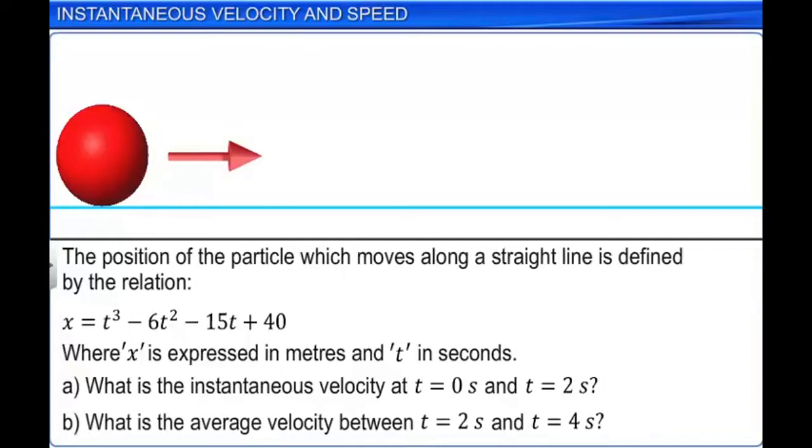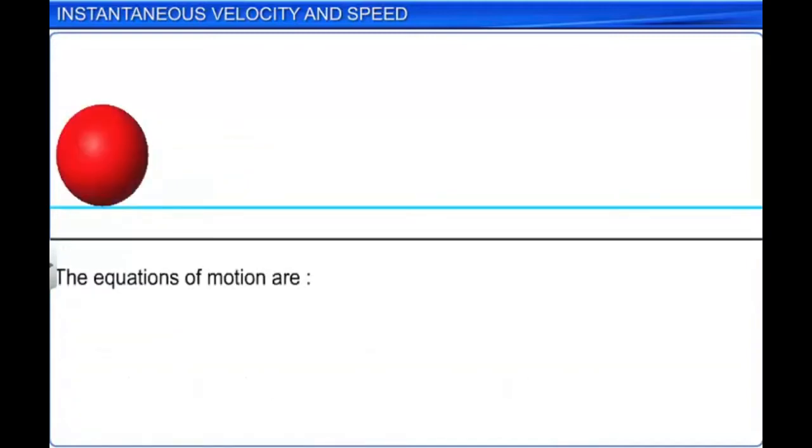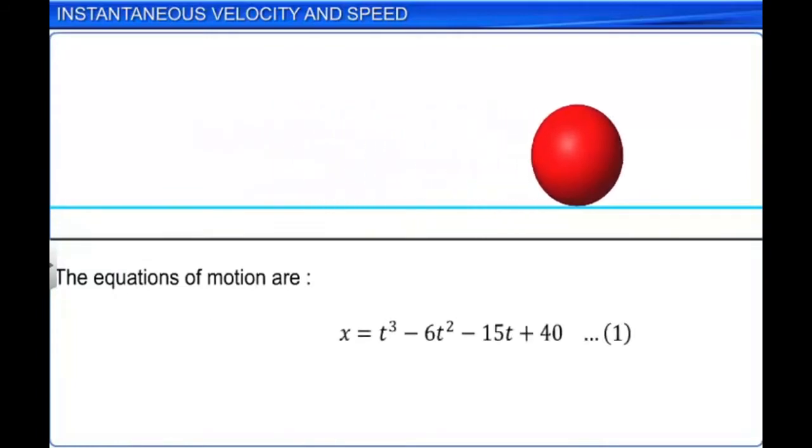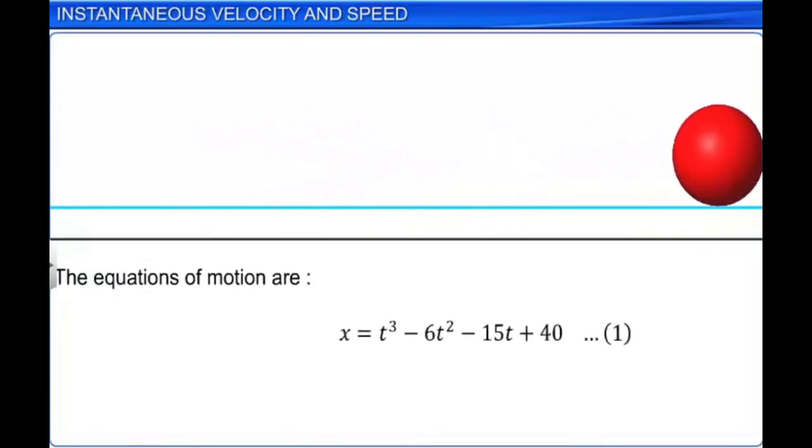Solution: the equations of motion are x = t^3 - 6t^2 - 15t + 40, and v = dx/dt = 3t^2 - 12t - 15.